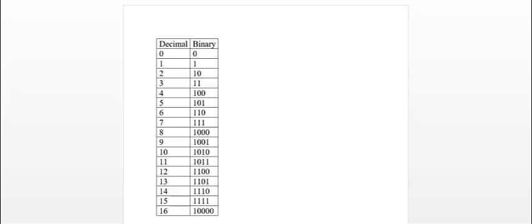Now, this is how you count from 0 to 16 in binary. Now, if I were to convert from binary to decimal, this is what it would look like. 0 would be 0, 1, 1, 0, 1 would be 13, and 1, 1, 1, 0 would be 14.